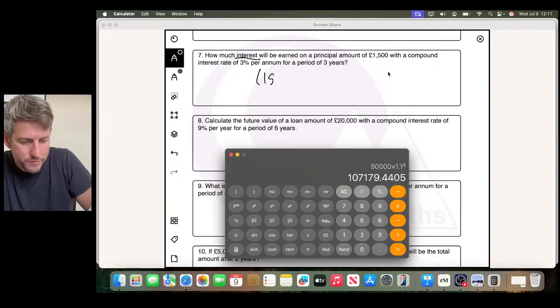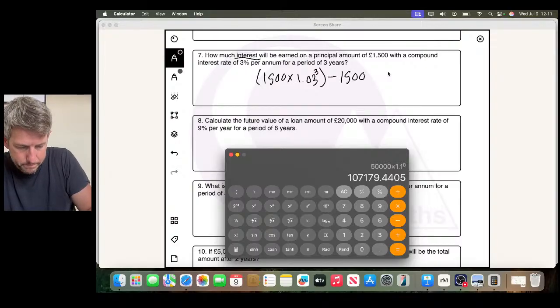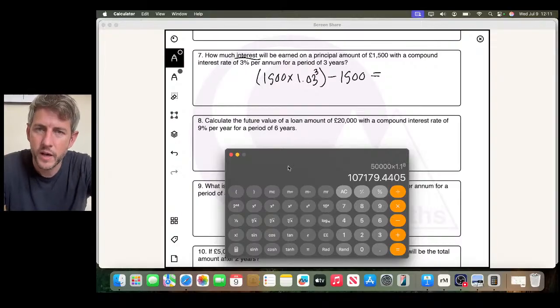It will be 1,500 times 1.03 for the period of 3 years, and then we need to take out the initial investment. Okay, and this will give us our answer of how much interest is paid.